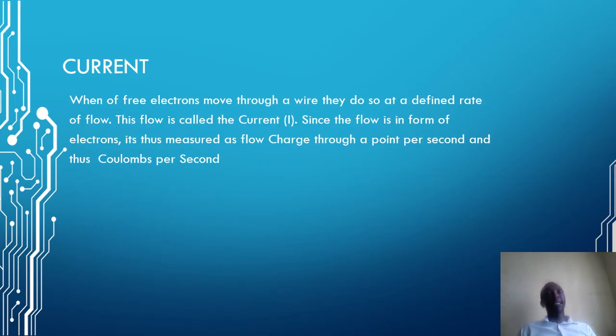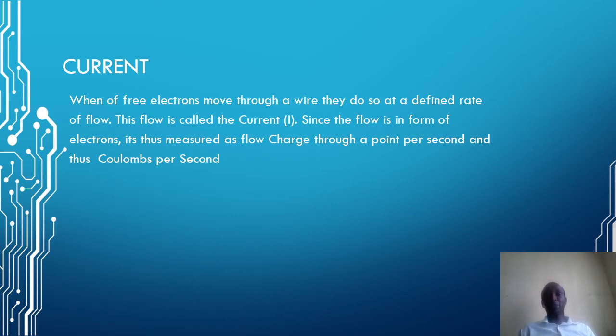Now the next aspect is current. Current is the measure of the amount of electrons that are able to flow at a particular time. In simple terms, it's the measure of the rate of flow of electrons through a conductor. Because we are measuring the rate of flow, it will be the amount of charge that is able to move through a particular point of a conductor per unit time.